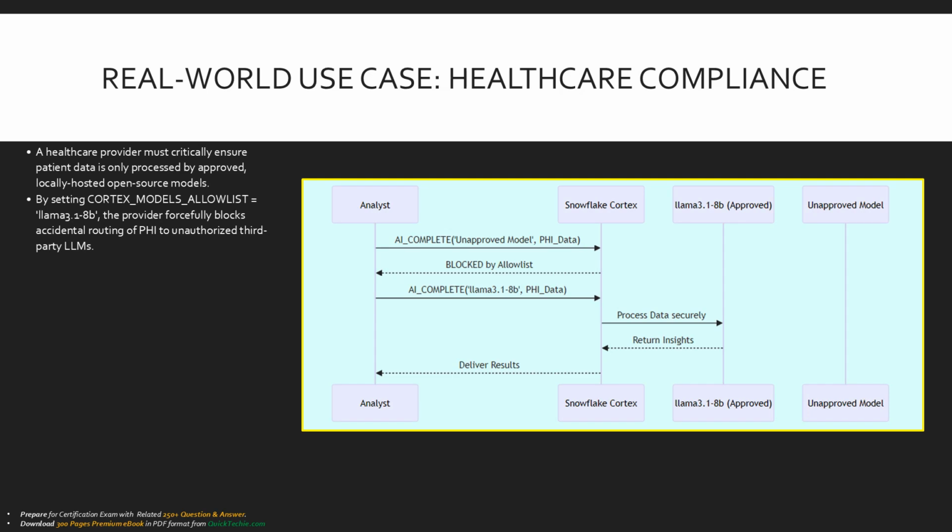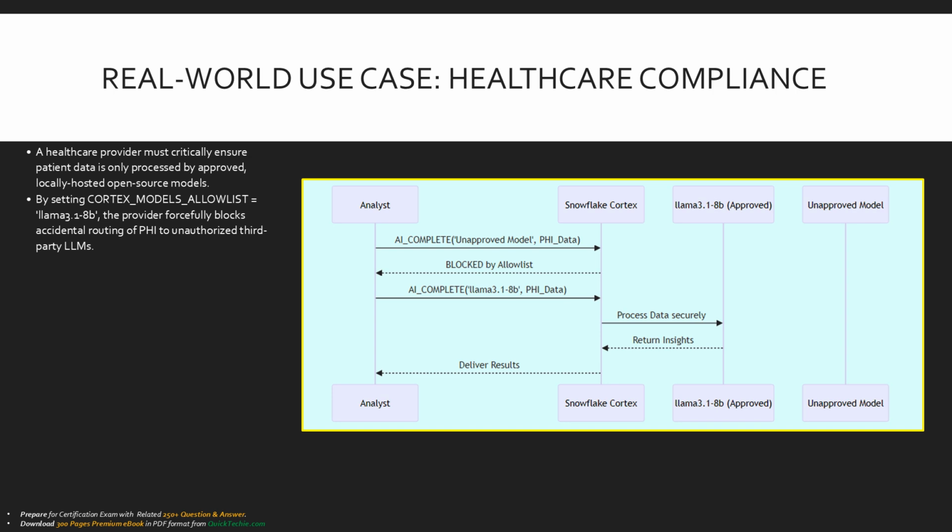Let's contextualize this with a real-world use case. Consider a highly regulated healthcare provider analyzing patient feedback. They have strict compliance requirements and have determined that protected health information, or PHI, can only be processed by specific open-source models that run entirely within their trusted Snowflake boundary, preventing data from being sent to external third-party LLMs.